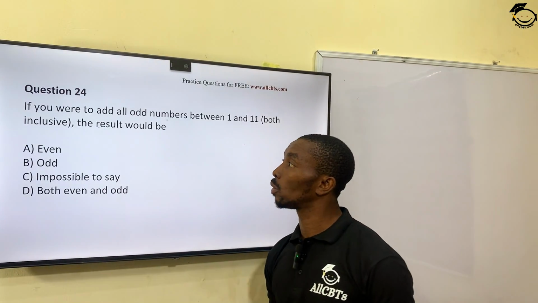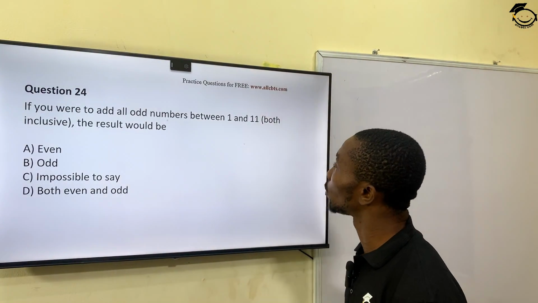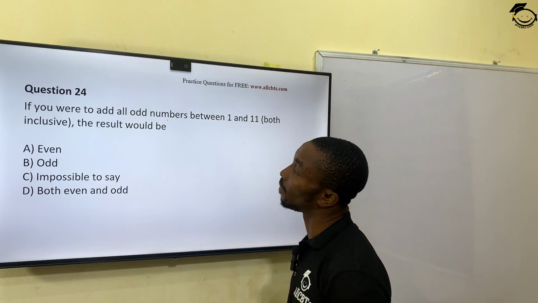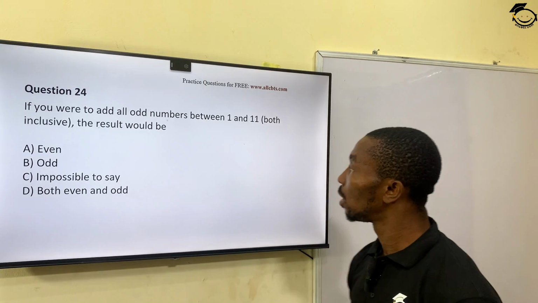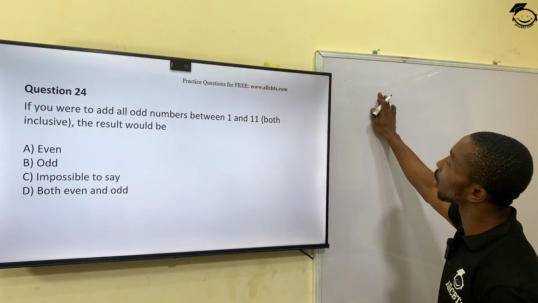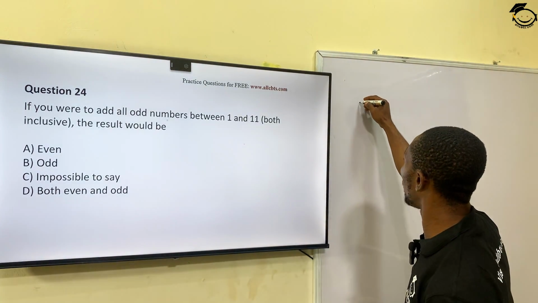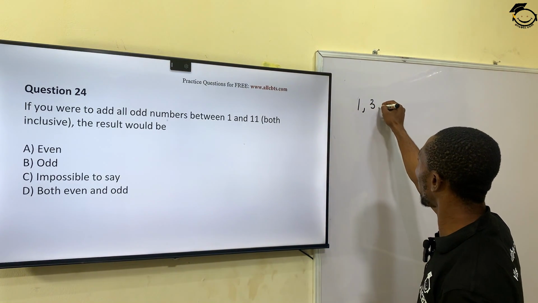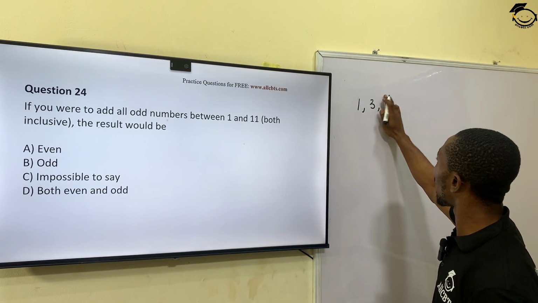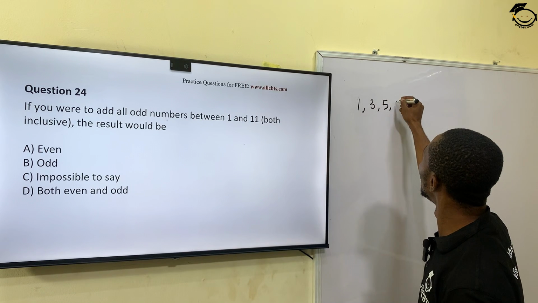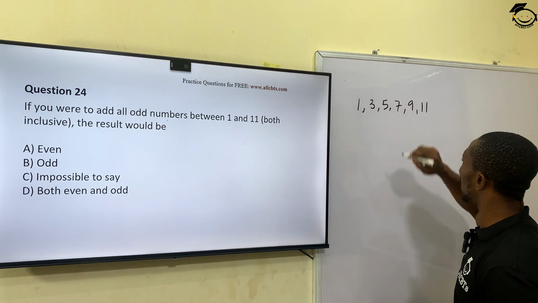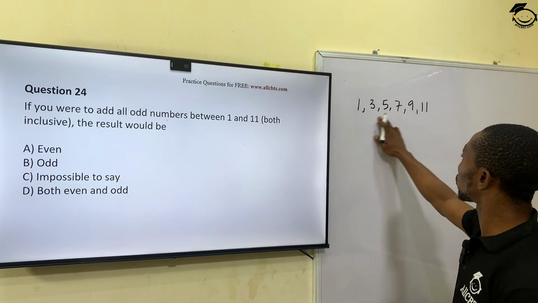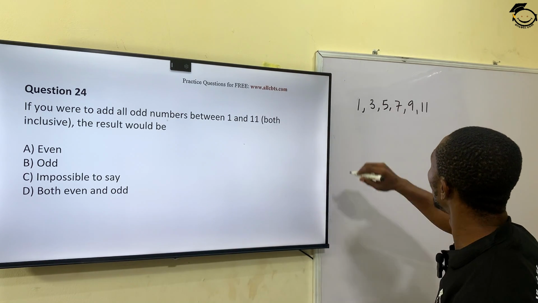If you were to add all odd numbers between 1 and 11, both inclusive, the result would be, all right, we have all odd numbers between 1 and 11. We have 1, 3, 5, 7, 9, and 11. So we are to add all these odd numbers.